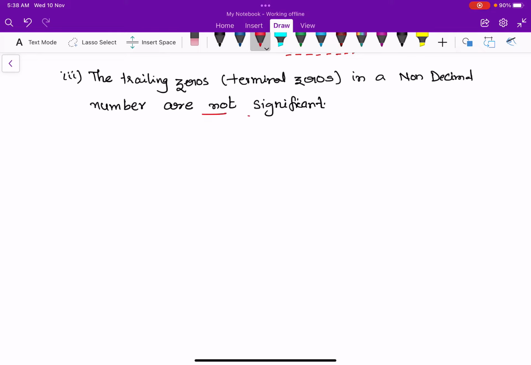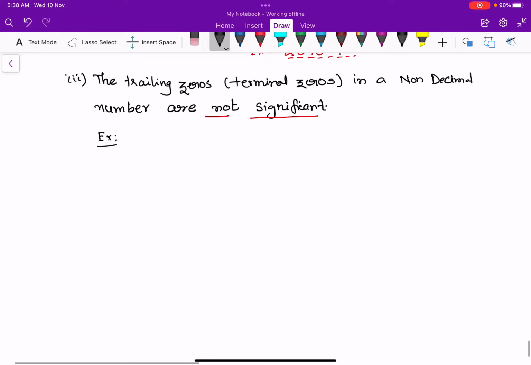Example: 67900. Counting: 1, 2, 3. That's all. This is not counted and this is not counted. How many significant figures are there? Here 3.